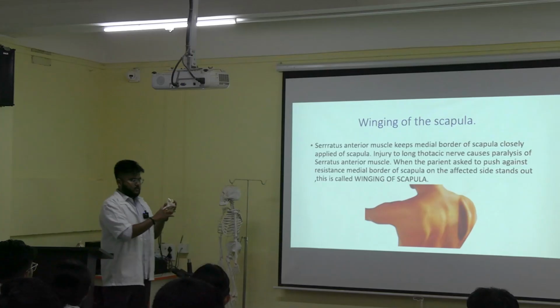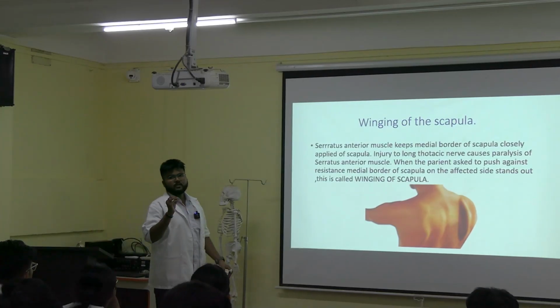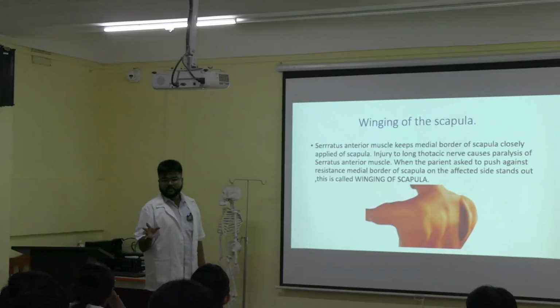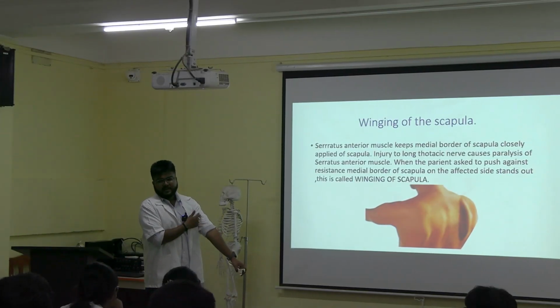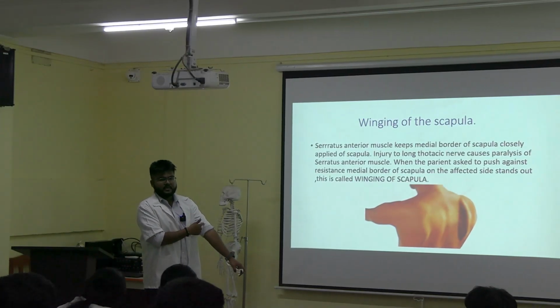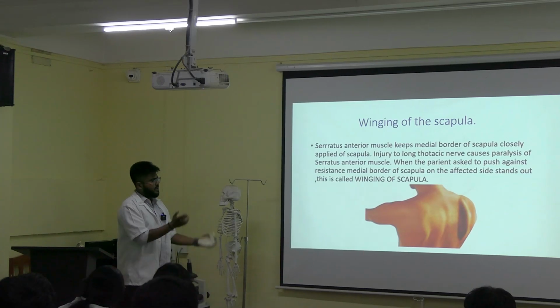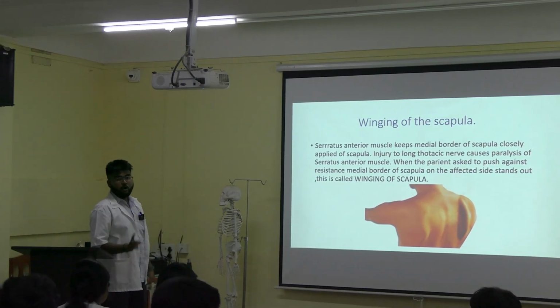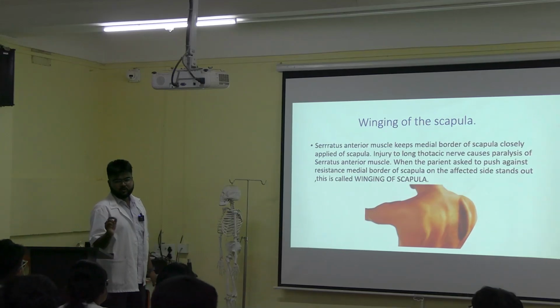How? Always remember, if any muscle is supplied by a nerve, like the biceps muscle is supplied by the musculocutaneous nerve, similarly the serratus anterior is supplied by the long thoracic nerve. This long thoracic nerve gets affected by conditions like trauma, a fall or accident. If this nerve gets injured, the muscle gets paralyzed, because it is supplied by the long thoracic nerve.